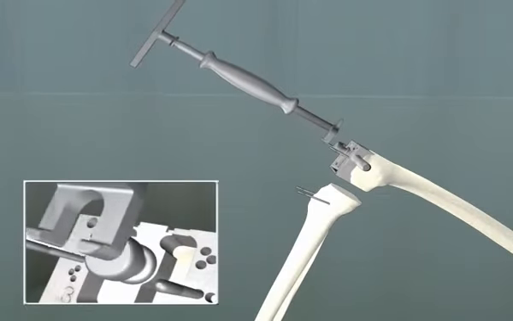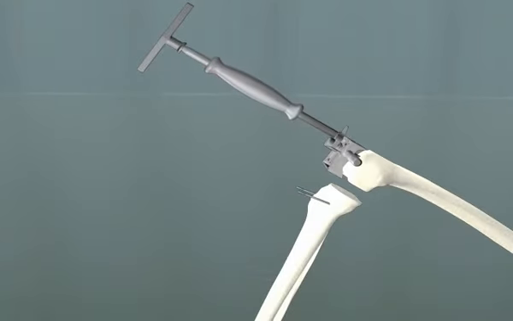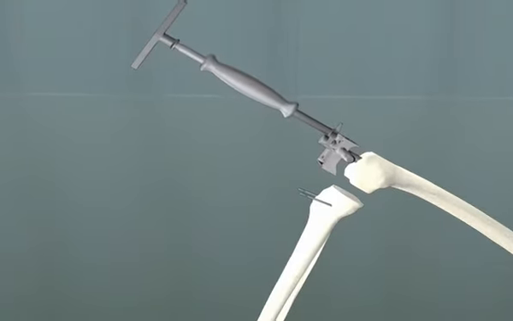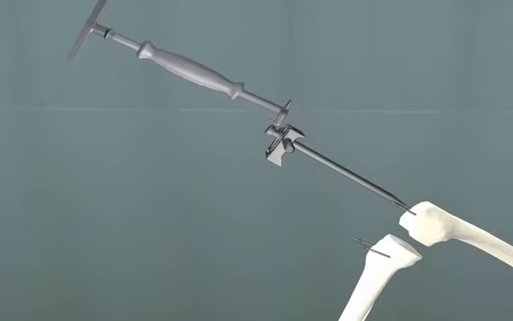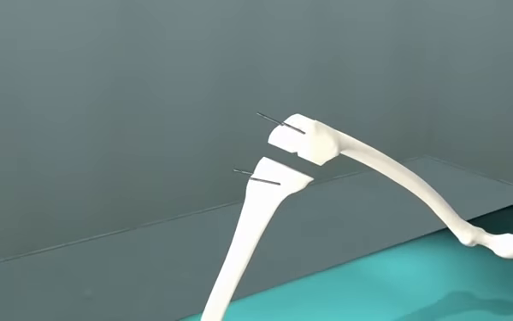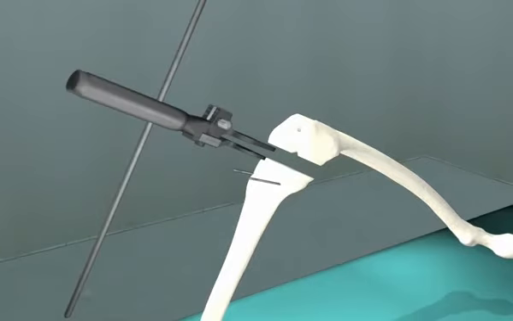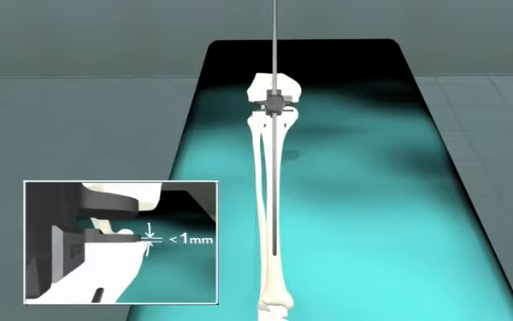The slap hammer may be used to remove the 9mm rod in situations where the bone is quite tight. And the guide pins may then also be removed. The spacer block can then be placed in the flexion gap, and the exact amount of flexion gap is determined.